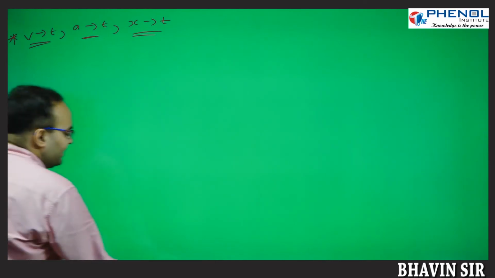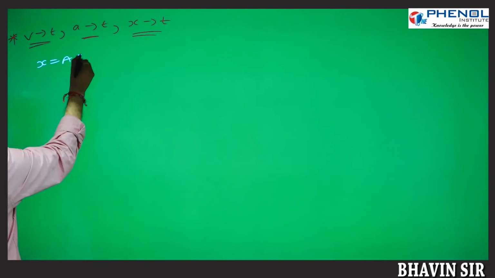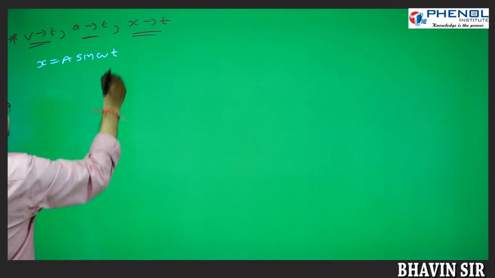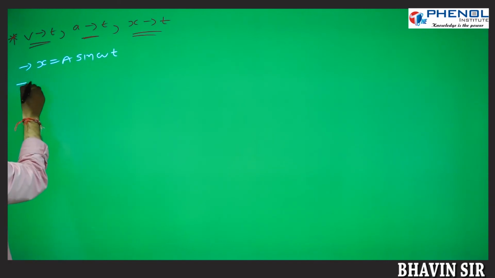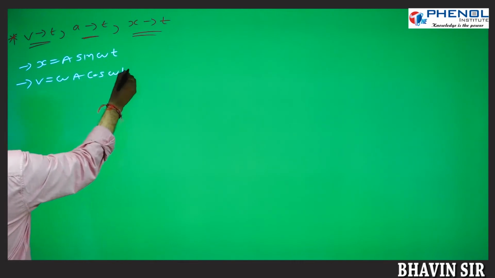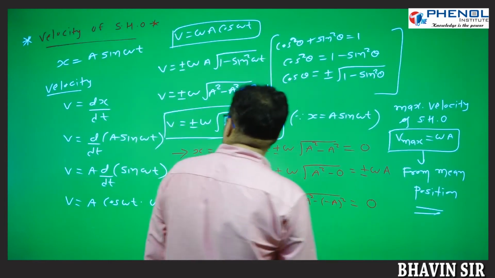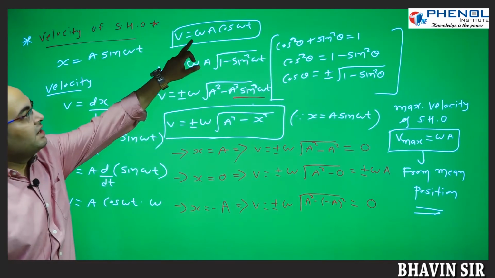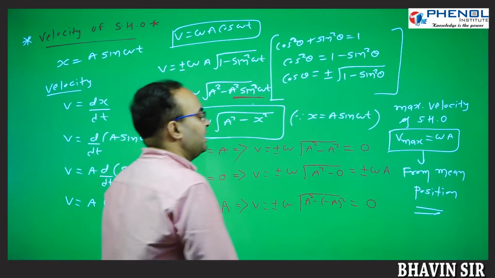So first write all the formulas. X equals A sin omega t, then on differentiation we get velocity. So velocity is equal to omega A cos omega t.